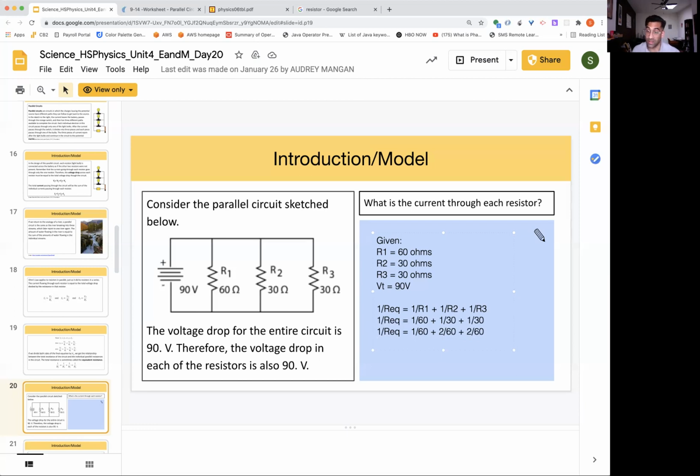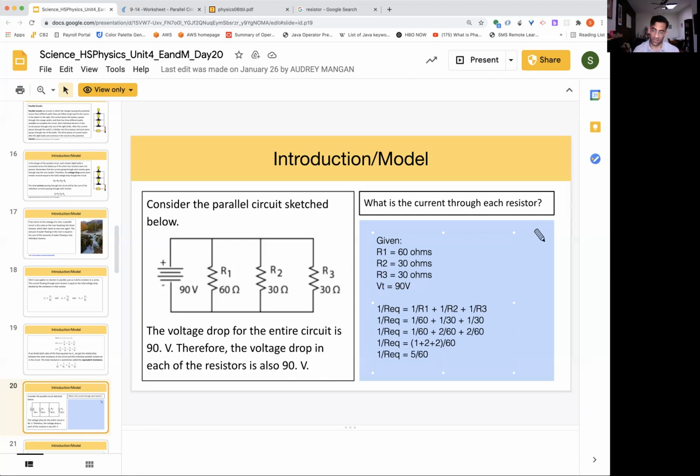Remember, when we add fractions, we add numerators and we keep the denominator the same. We just have to have like denominators. So we have 1 over Req is equal to 1 plus 2 plus 2, all divided by 60. In other words, 1 over the equivalent resistance is equal to 5 over 60.